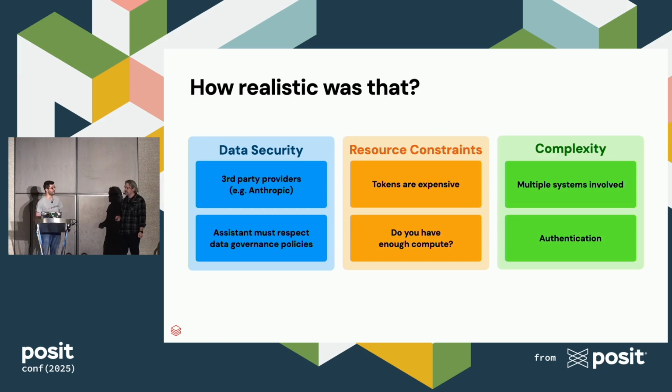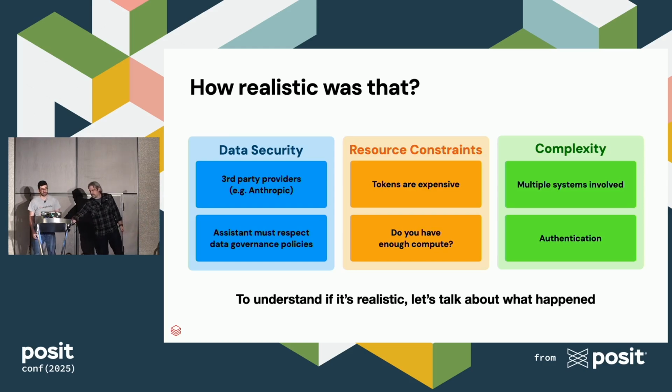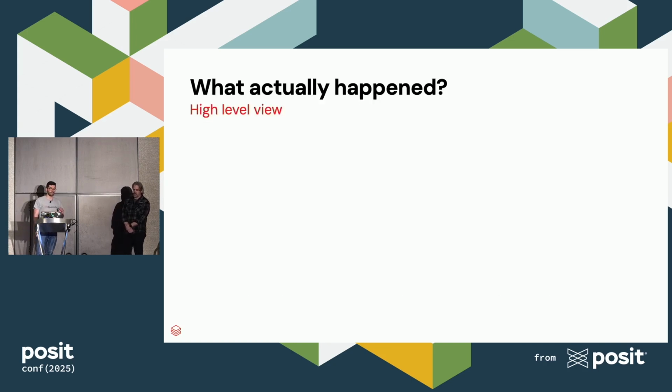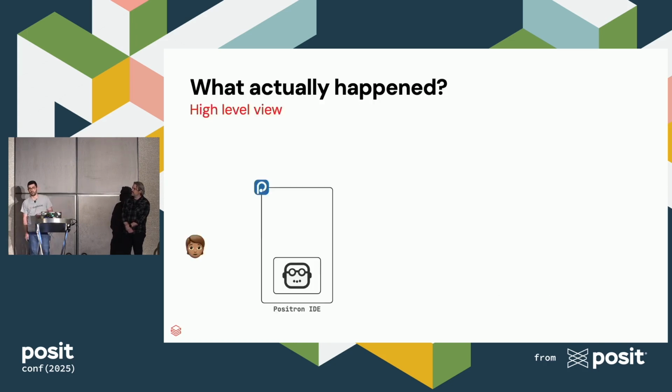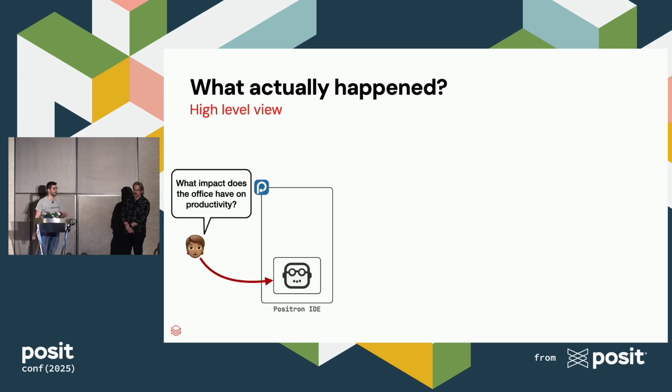Yeah. I think it's best explained if I show you from scratch how we built up the system to work. So let's go a little bit about how this works behind the scenes. So what actually happened? So I opened up Positron. I had a question. What impact do we have in terms of the office and productivity?